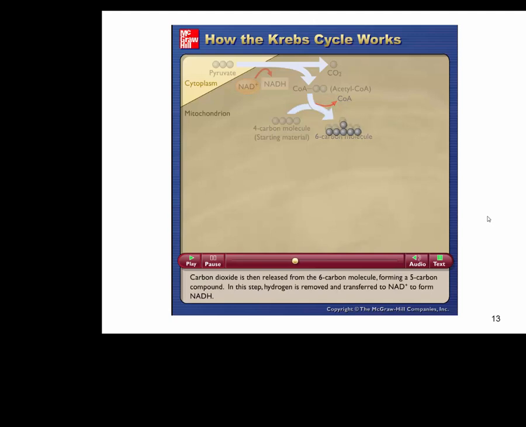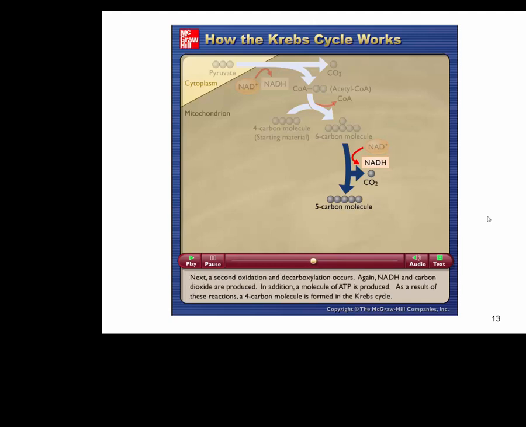Carbon dioxide is then released from the 6-carbon molecule, forming a 5-carbon compound. In this step, hydrogen is removed and transferred to NAD+ to form NADH. Next, a second oxidation and decarboxylation occurs. Again, NADH and carbon dioxide are produced. In addition, a molecule of ATP is produced.